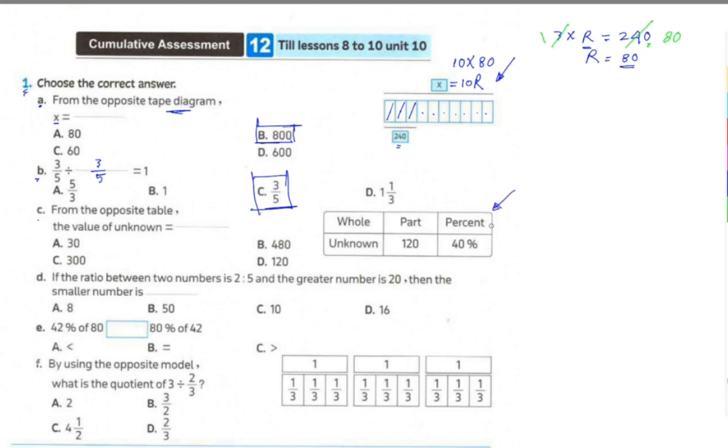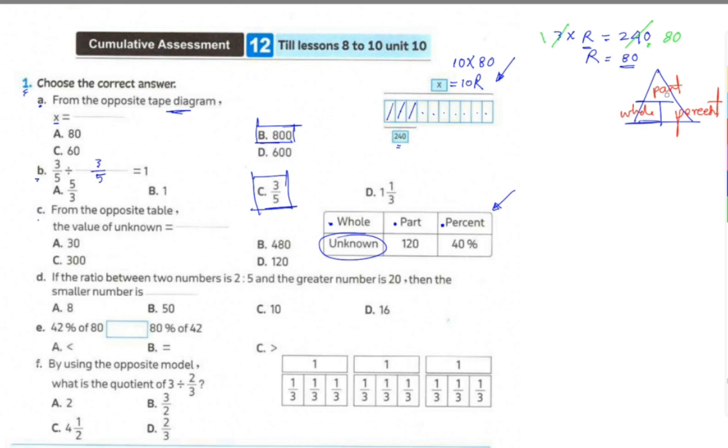C. From the opposite table, find the value of the unknown. Where is the unknown? We have whole, part, and percent. Of course, we know the rules.